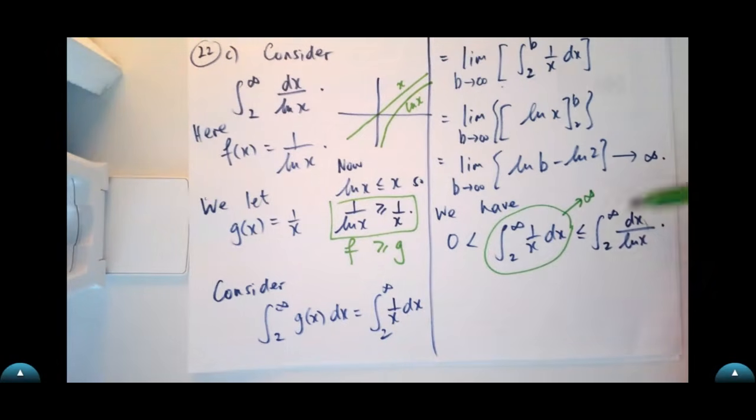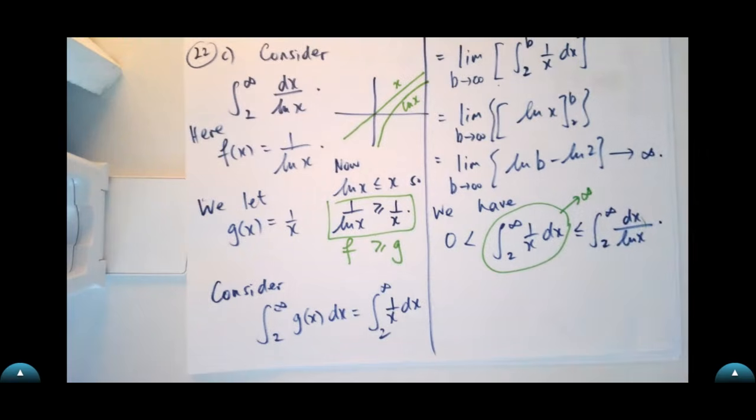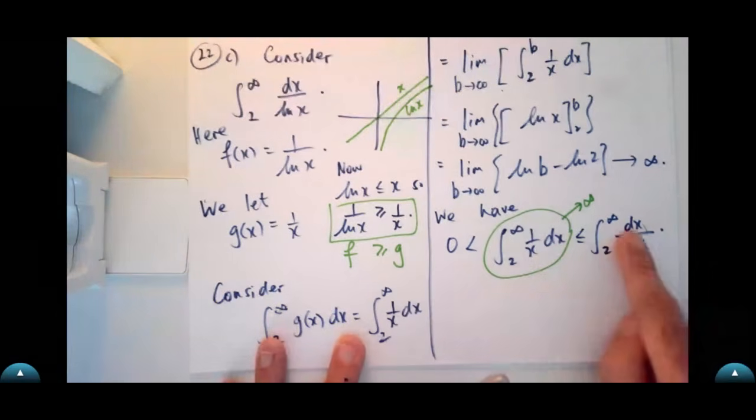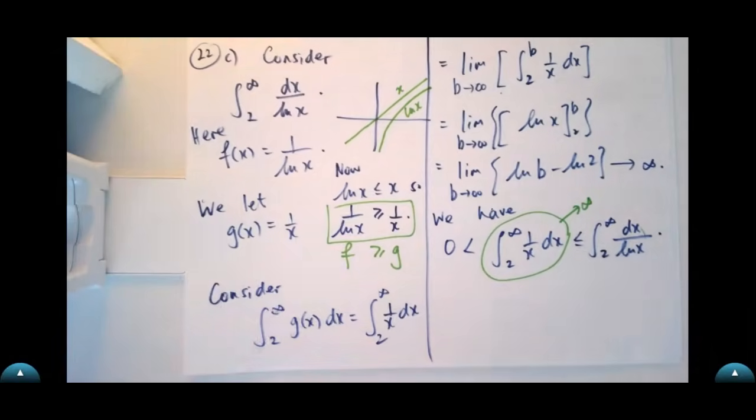What can you say about the larger integral then? Can anyone tell me on the chat? If this smaller positive integral goes to positive infinity, what can you say about this larger positive integral? This thing pushes that thing to infinity. This thing is smaller than that, and this goes to positive infinity, so it's got to push this one off to positive infinity as well.